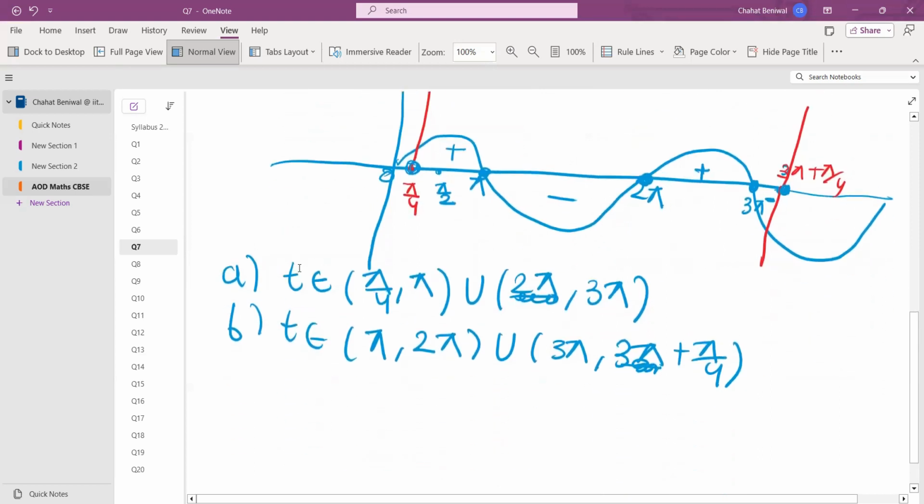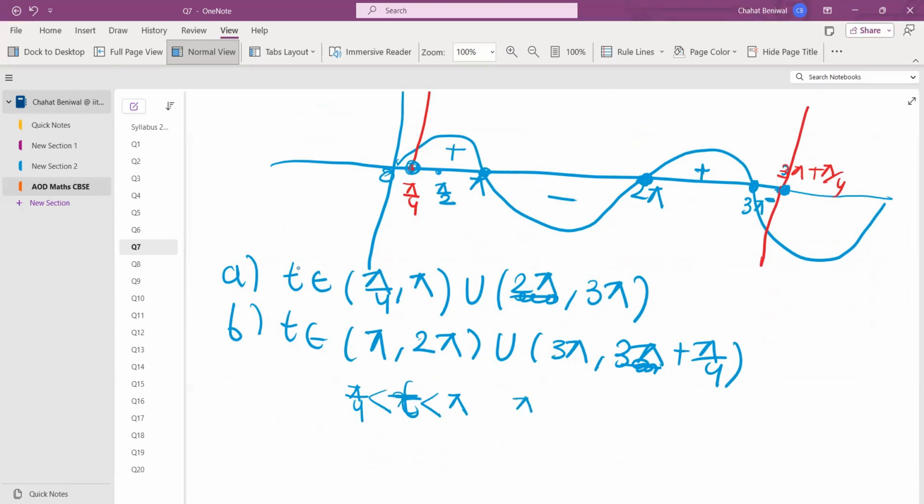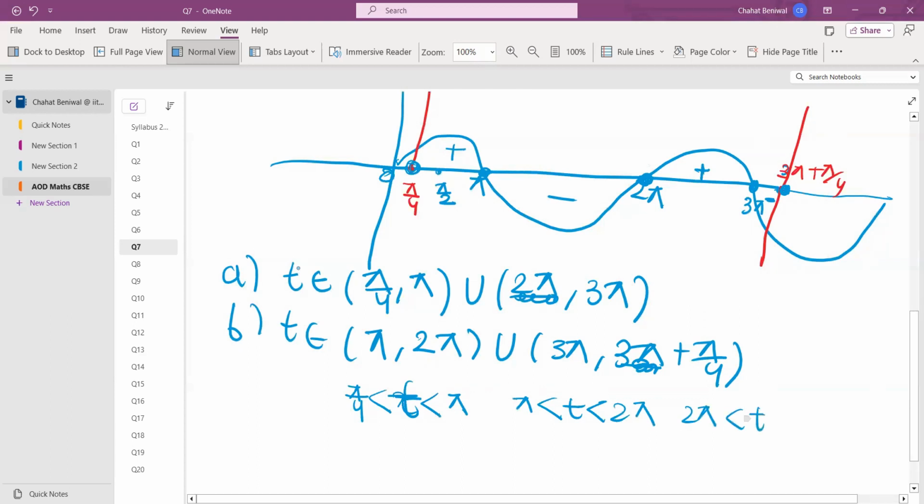So we'll mention all 4 intervals: t is from pi by 4 till pi, then t is from pi till 2 pi, t is from 2 pi till 3 pi, and from 3 pi to 3 pi plus pi by 4. We will make 4 cases.